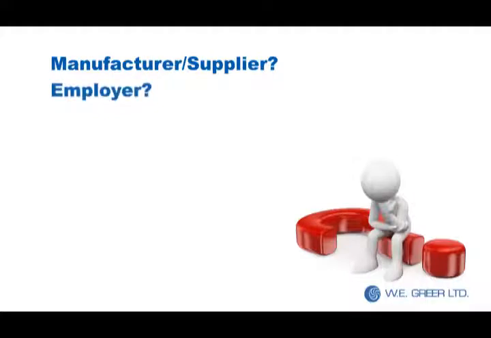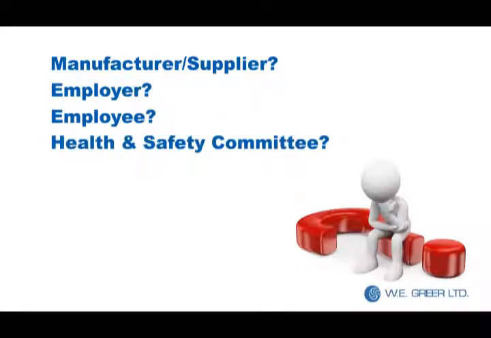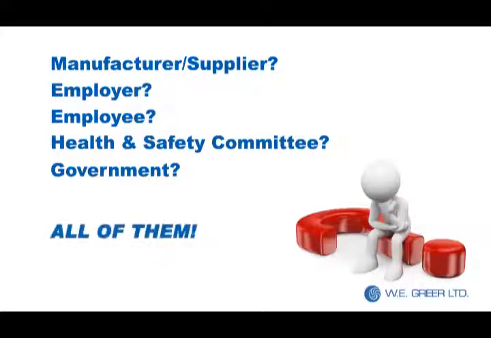Is it the employer who runs the business where the chemicals are being used? Is it the employee who uses the chemical? Is it the workplace's health and safety committee? Is it the government? What do you think? Pause here for a little more time to answer the question. If you answered all of these players, then you're right.